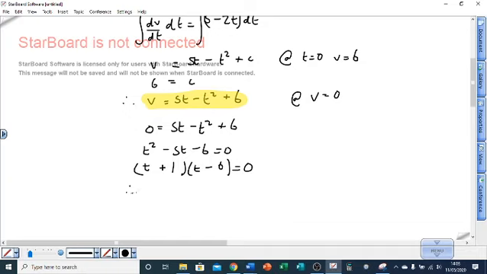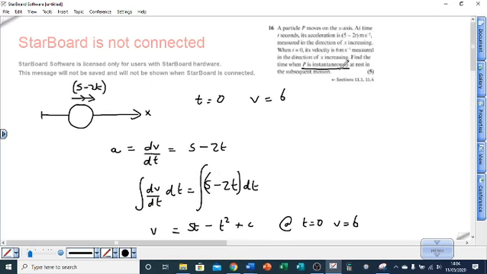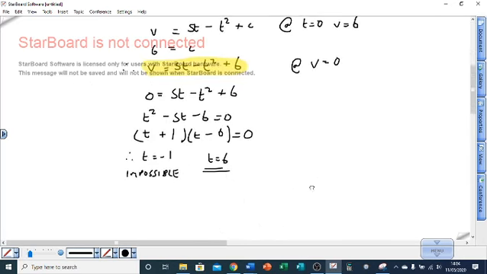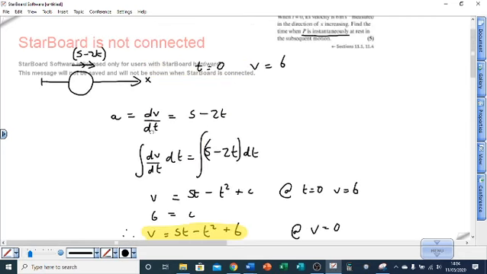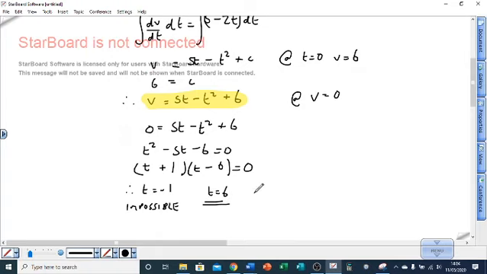So therefore the time it is instantaneously at rest: t is minus 1, which is impossible, and t equals 6, and that's the one that we want. Okay, so find the time it is instantaneously at rest again. Okay, so maths doesn't know that you can't go back beyond time, so that's the answer that we want.